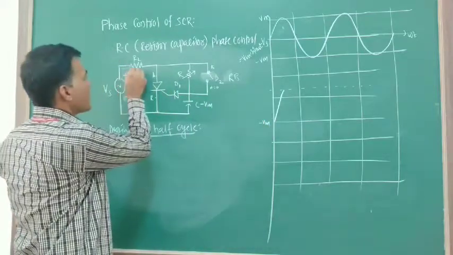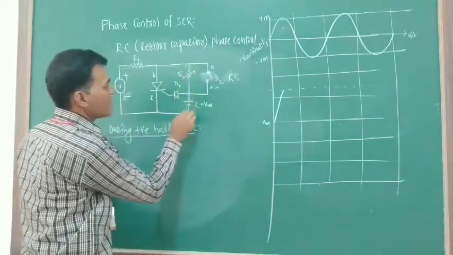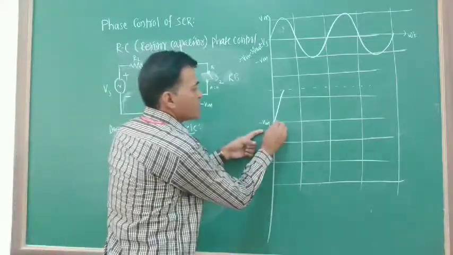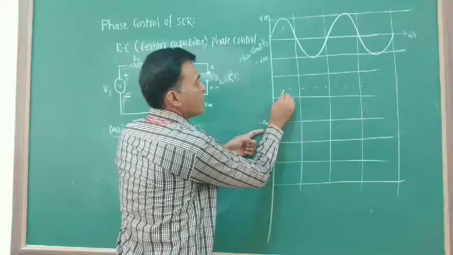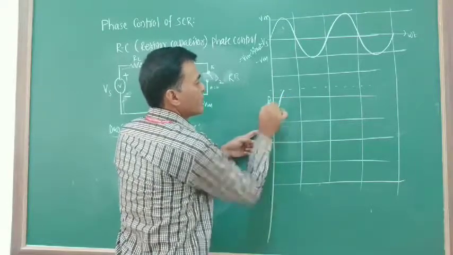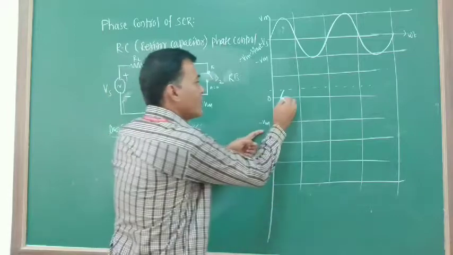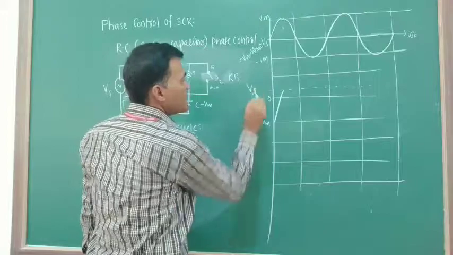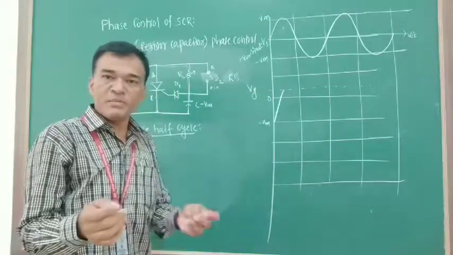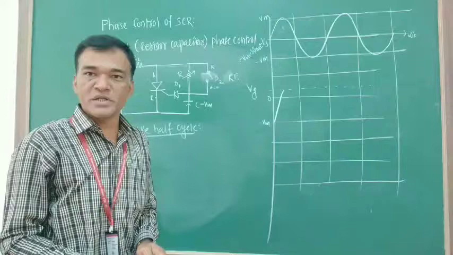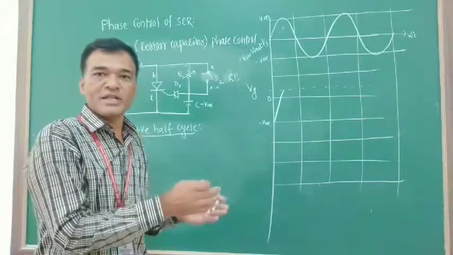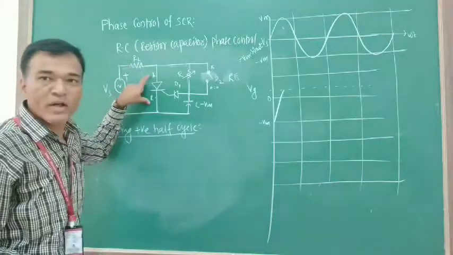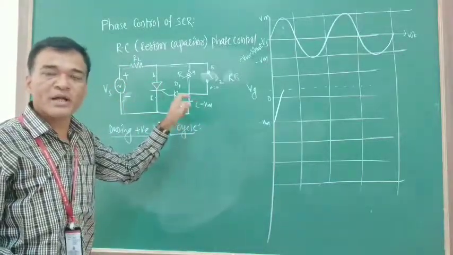So the current starts flowing from this resistor to the capacitor, and the capacitor starts charging again, from minus Vm towards 0. Then it reaches the value called Vg minimum, which is the minimum gate voltage required to turn on the SCR when the SCR is in forward blocking state. Now the SCR is in a forward blocking state, I simply need to apply the Vg so that the SCR gets turned on.